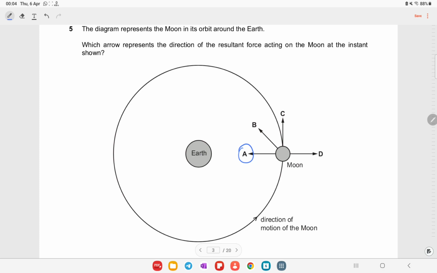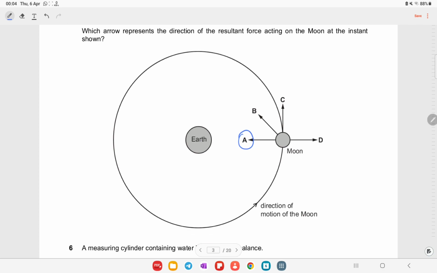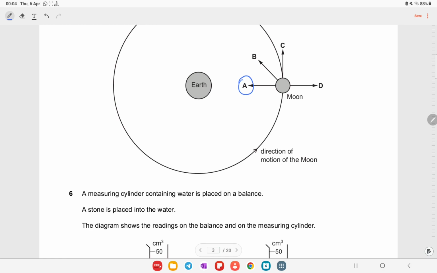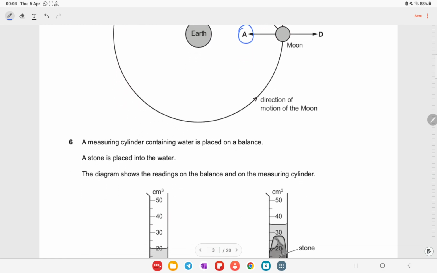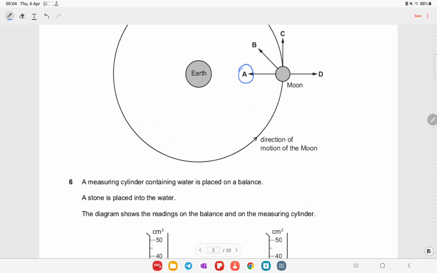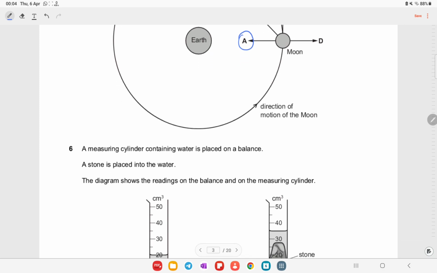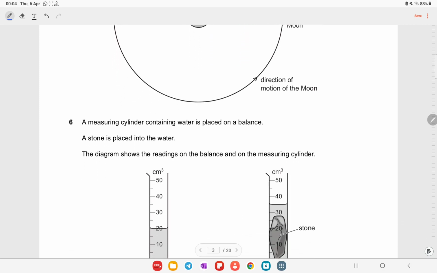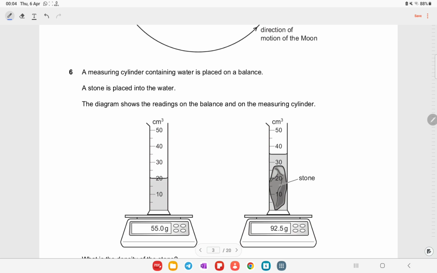Basically you need a force that makes the object move in a circular path. So A will be the resultant force that is allowing the moon to move in a circular path. So that's easy. Whenever any object is moving in a circular path, the resultant force will be toward the center of the circle.